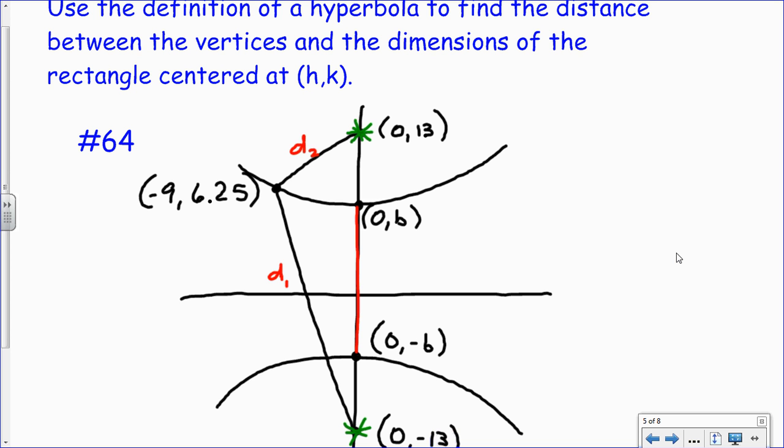Here's my center, and I want to find B. So I'm going to use that K equals 2B. I also need to use the definition, that distance 1 minus distance 2 is K. I can find distance 1 and distance 2 using the distance formula since I have the ordered pairs.